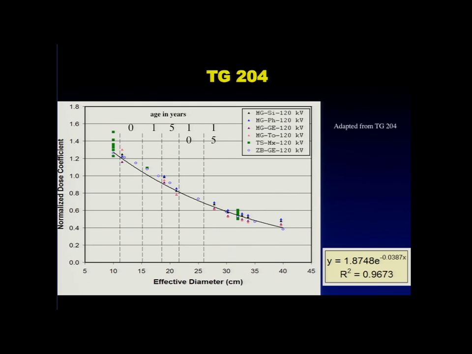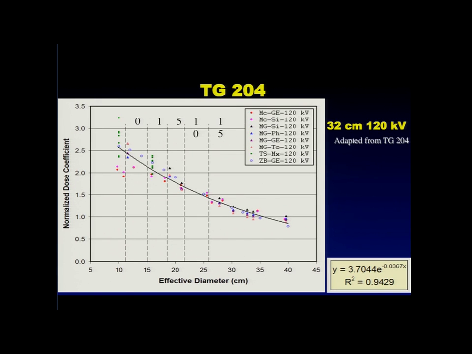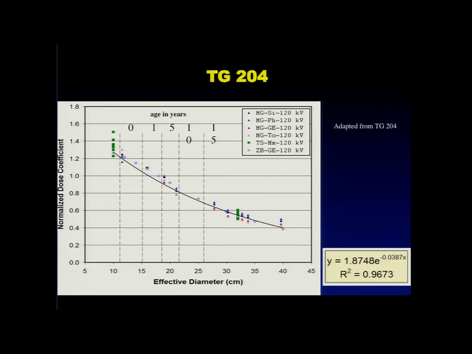Now, if I go back for a minute, you notice that my correction factors for the small patients are as great as 2.6. Where did we see 2.6 earlier? Remember, we saw that in our little experiment. It was the difference in dose between the 10 centimeter phantom and the 32 centimeter phantom when I used exactly the same radiographic technique. If I go to the 16 centimeter phantom, notice that my correction factor never gets bigger than 1.2.